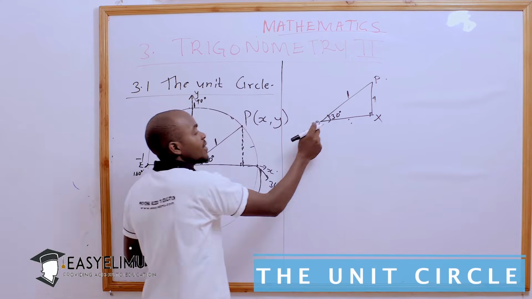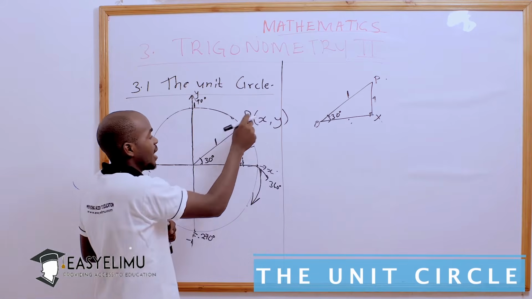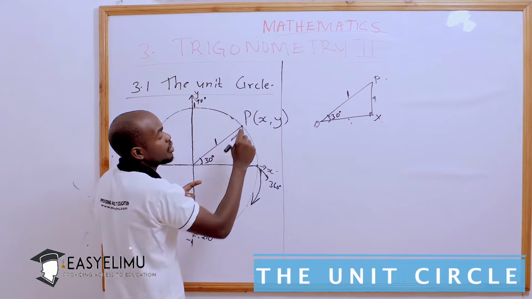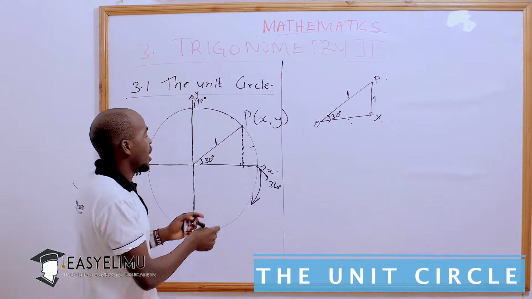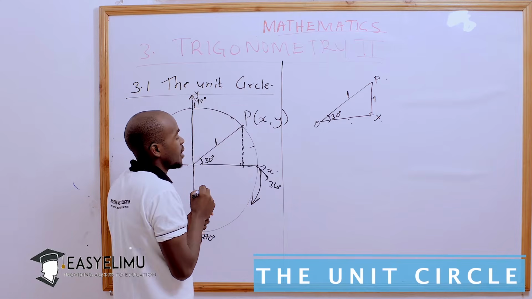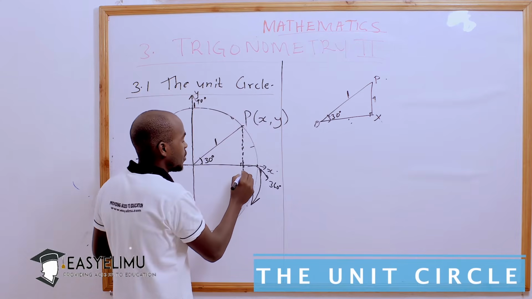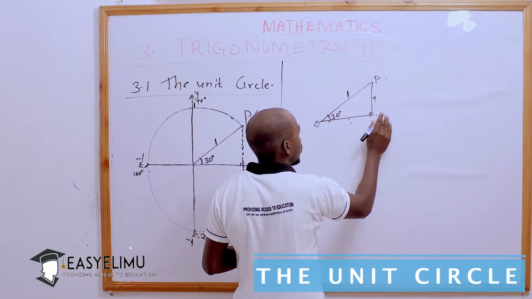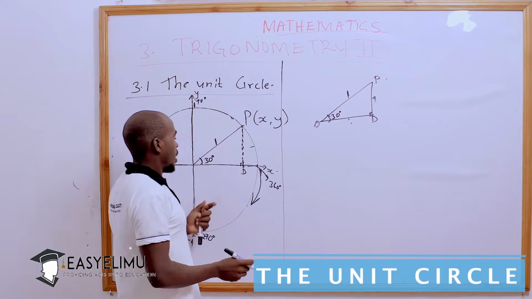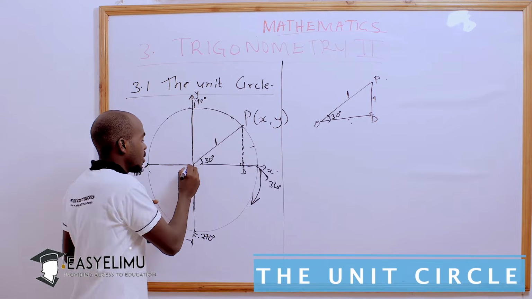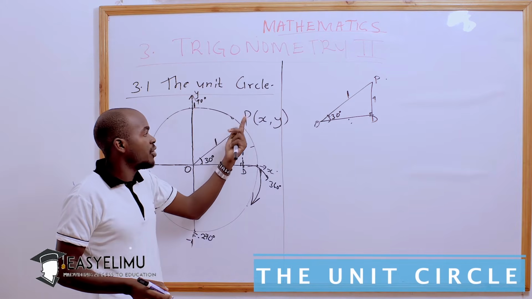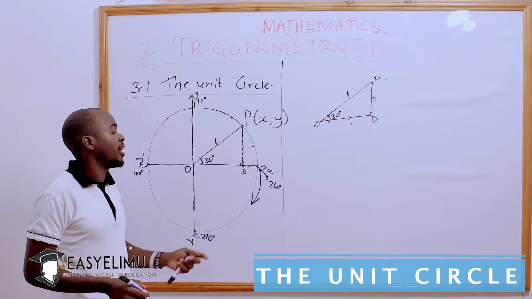Let's call this foot of the perpendicular point D. If OD represents the value of X, then DP represents the value of the Y coordinate.